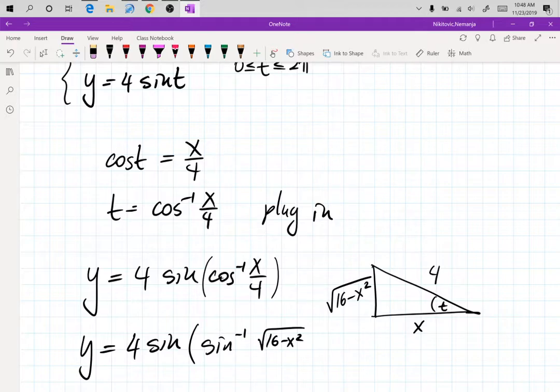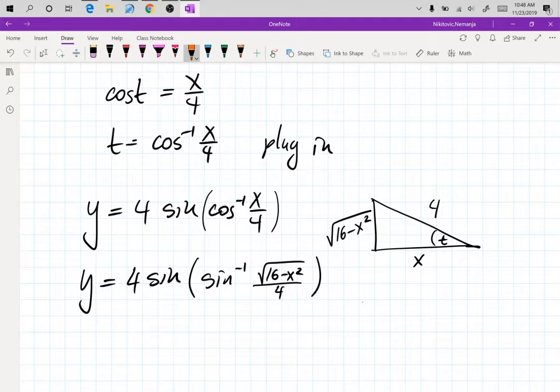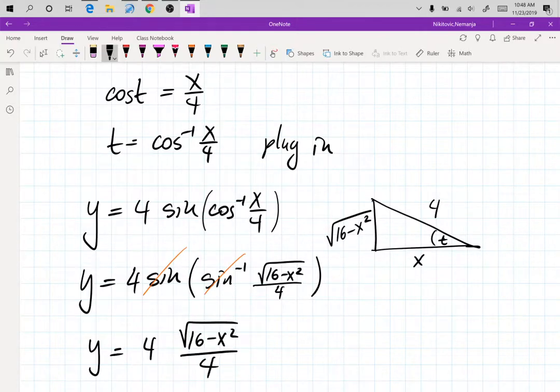divided by 4. And now sine kills inverse sine, and you have your y equals 4 times the square root of 16 minus x squared over 4. These two puppies cancel. And your y is equal to the square root of 16 minus x squared. Square both sides.